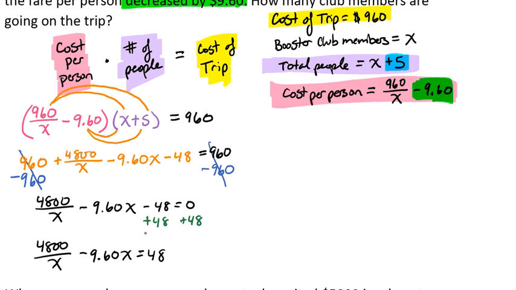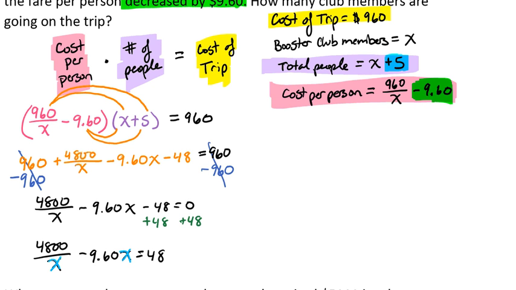From here, I can see that both of these pieces have an x in them that I can try and factor out. But because I have the x in the denominator, that could be tricky. So an idea would be to get common denominators. So I take that 4,800 over x, subtract 9.60x over 1, equals 48 over 1.